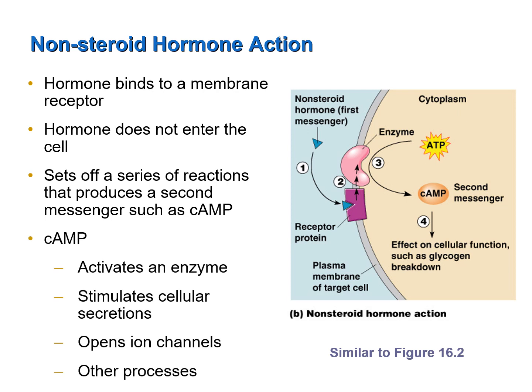It could be activating an enzyme, deactivating an enzyme, stimulating secretion by that cell, opening ion channels, closing ion channels, or turning on or turning off genes. The bottom line is non-steroid hormones cannot get into the cell, so they turn on second messenger systems that then cause changes inside the cell.